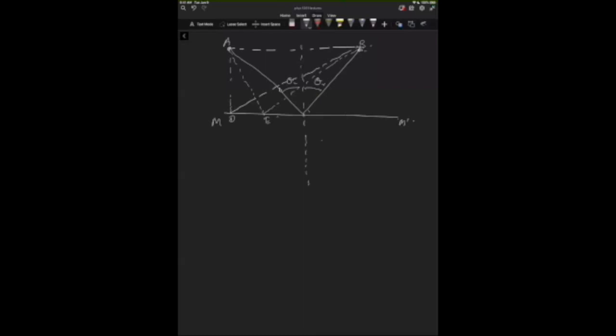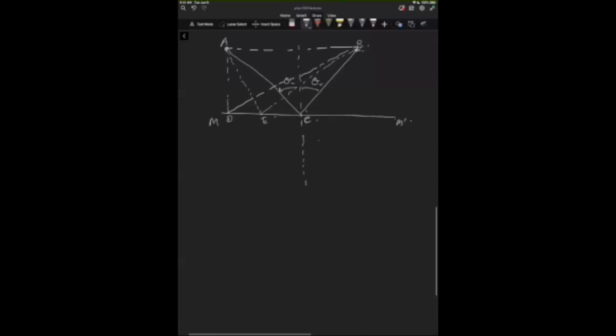And so how do we know that the shortest path is the one that I've shown you, which hits at the point C and then goes to the point B, and that is indeed the shortest path from A to B after reflection at the mirror?